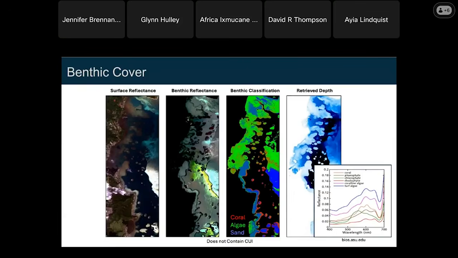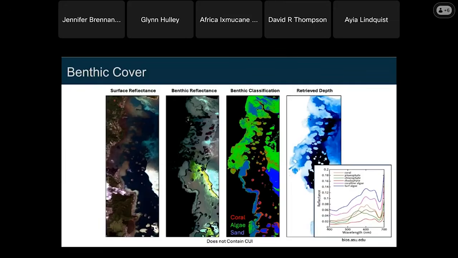Another question was asked about the depth to which we could measure. So here's a similar analysis looking below the surface. After you've got the water leaving reflectance, you can try and estimate the water absorption and scattering properties, just like another atmospheric correction, to get at the benthic reflectance, that is the reflectance of the bottom of the ocean surface, down to about 10 or 15 meters, typically with airborne instruments.